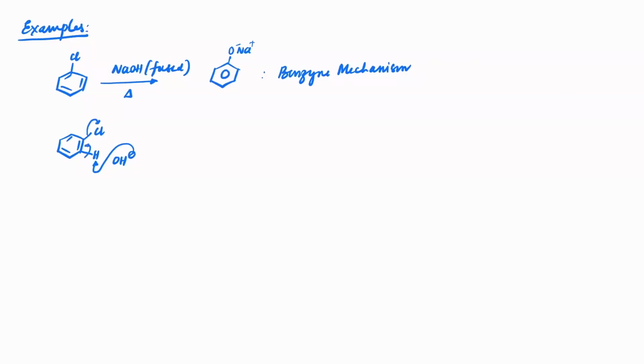I'm directly writing the steps now. So you can see a benzyne getting formed, and thereafter OH minus will attack back here. You will get a minus form with OH, and internally that will take H plus and convert into O minus and H like this. So that's the Dow's process.